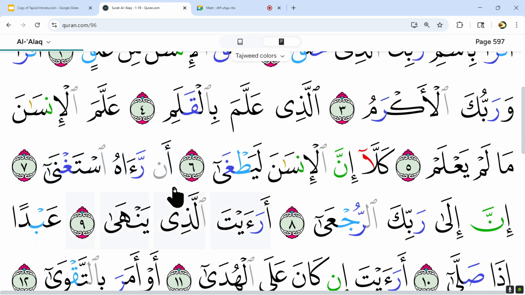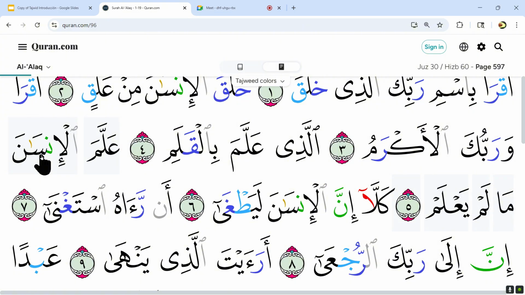It's because of the ra after the noon, we don't pronounce the noon. Exactly. Insan, you're always going to hold on to it that way because of the seen, like you said.